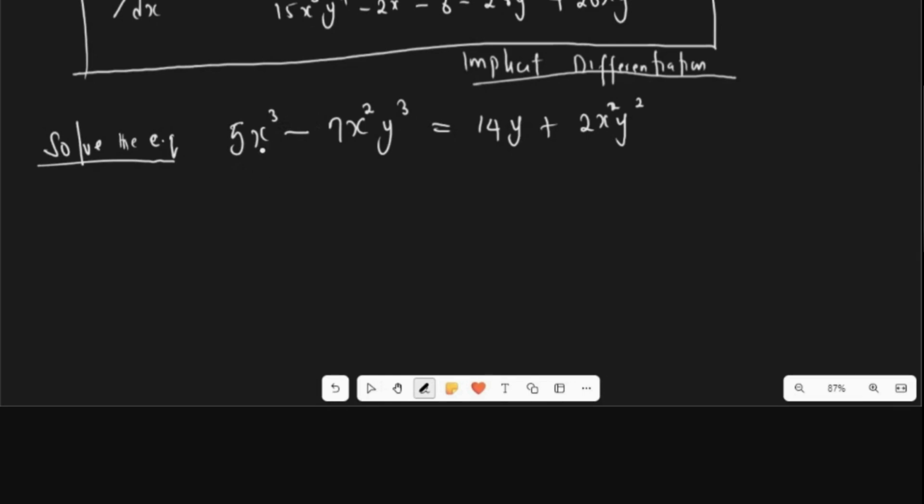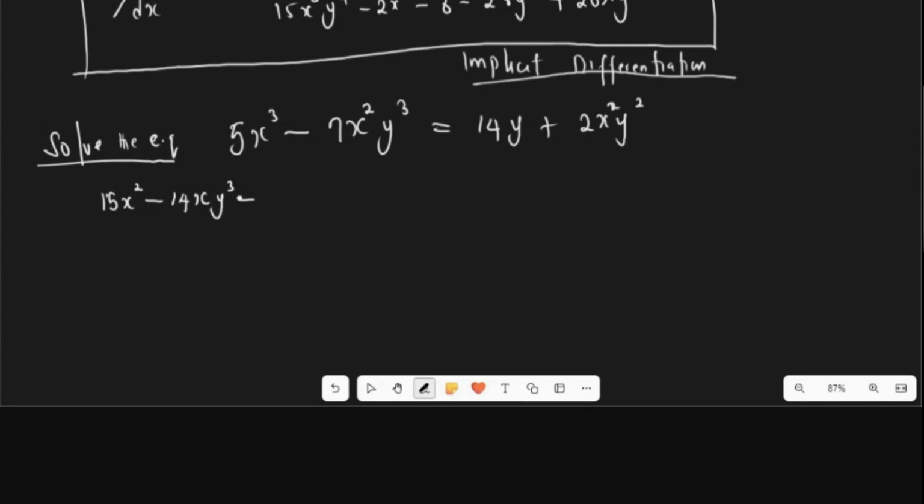Okay, so this one here, we can only have dx, right? With respect to dx. So this is going to be 15x squared. The next one will be minus, don't forget there's a minus sign. So for x we can have 14xy to the power of 3. Then we can have the negative minus again.